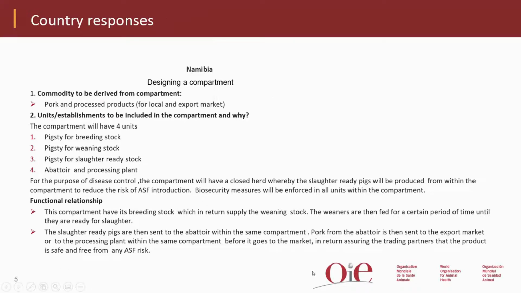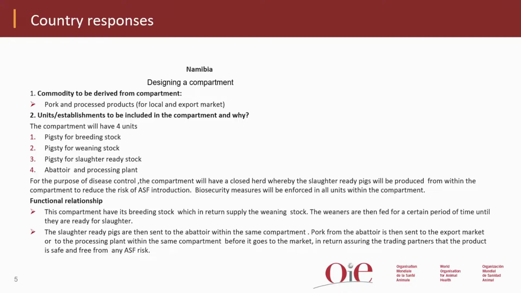Thank you, Thomas. Yes, we thought of a compartment, because when we were reading, a compartment can actually be a farm that is completely fenced off, that meets all the biosecurity measures. Within this compartment, the commodity we have decided will be derived is pork, and then processed pork products for local or export market.